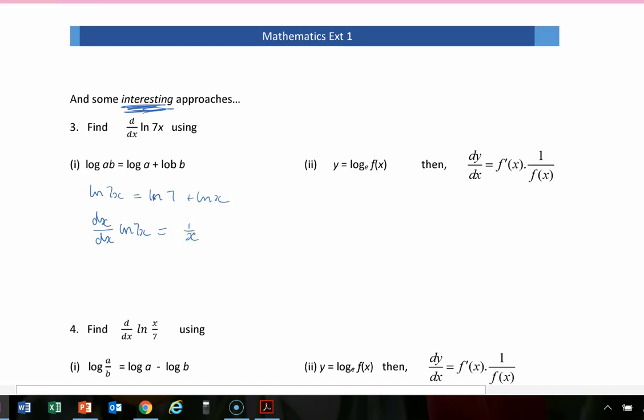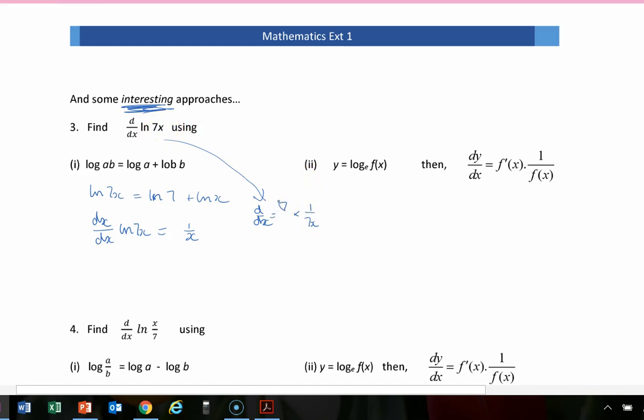Now, that seems like we've lost some valuable information, but in fact that is the correct answer, and the answer we would get if we hadn't chosen to complicate it with this, if we'd just gone straight to d dx of a log is d dx is equal to 1 over the 7x and multiply by the derivative of 7x, which is 7.